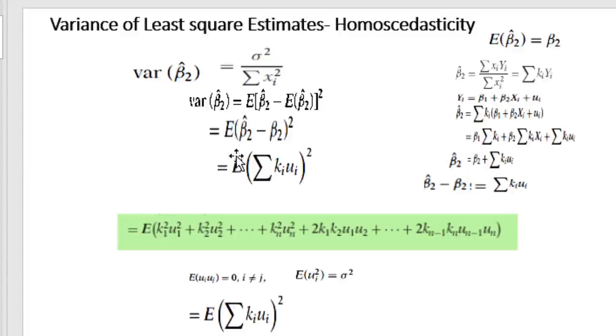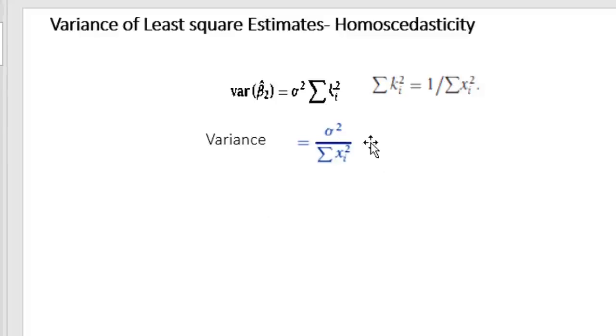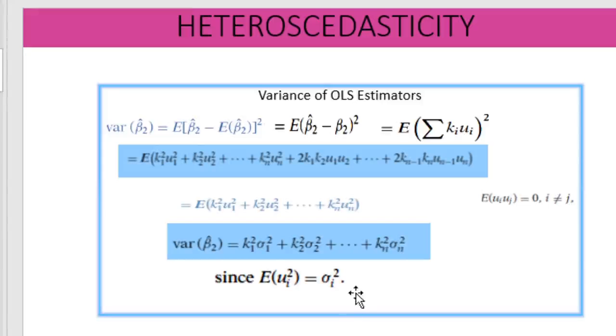But the problem is with respect to the minimum variance. Here the homoscedastic variance of the OLS estimator is given, that is variance equals sigma square by sigma xi square.